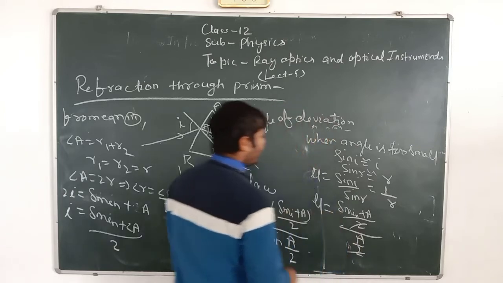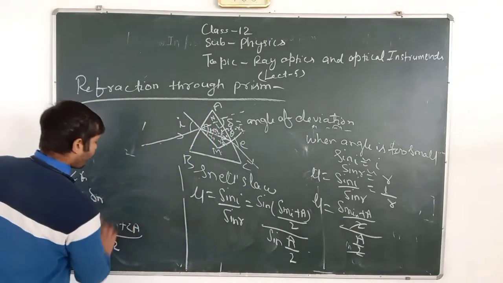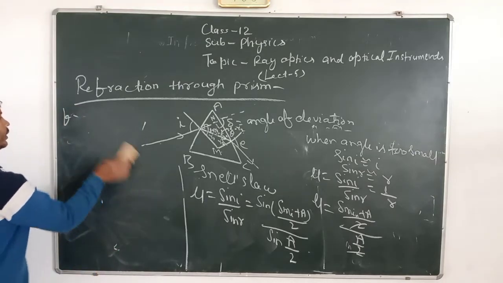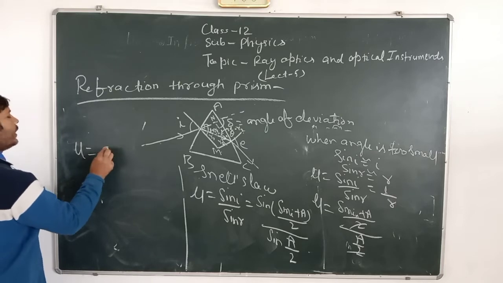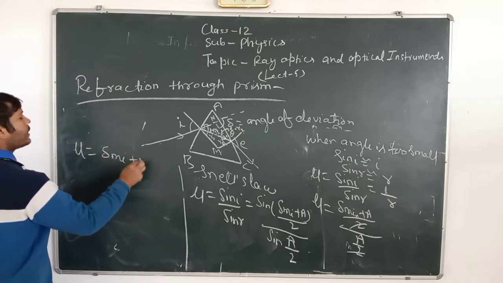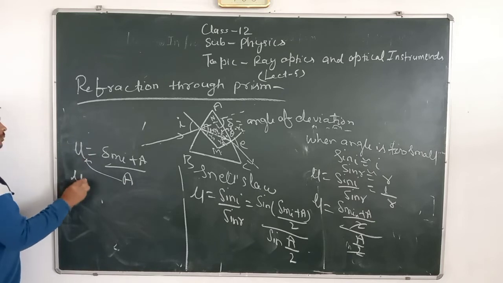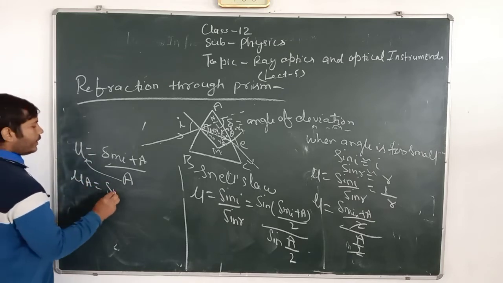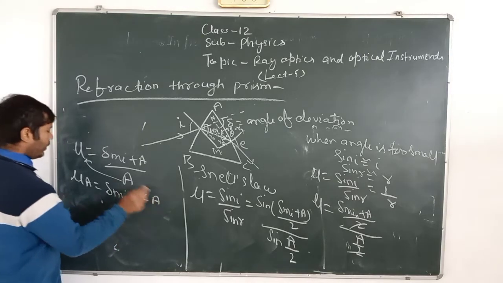The 2 by 2 will be cancelled out. So mu will be delta minimum plus A upon A. Multiplying, it will be mu A equals delta minimum plus angle A.